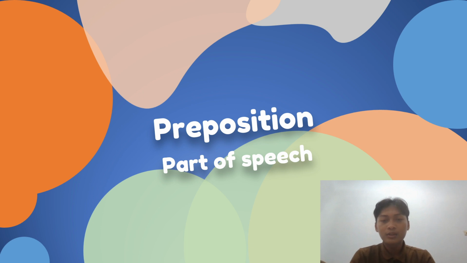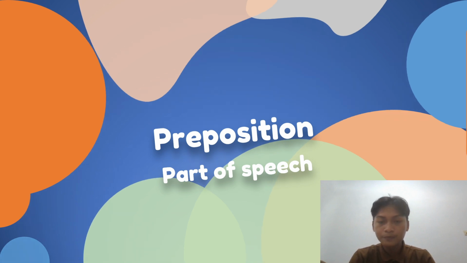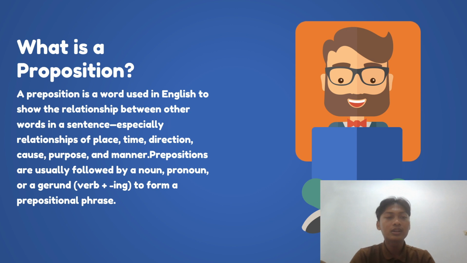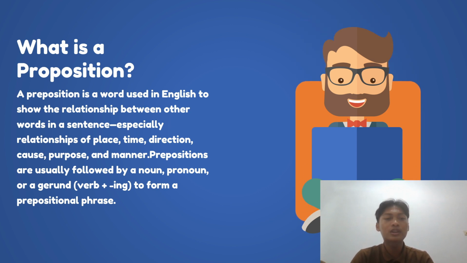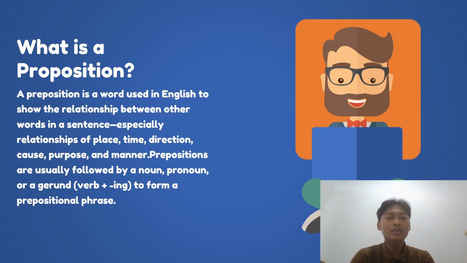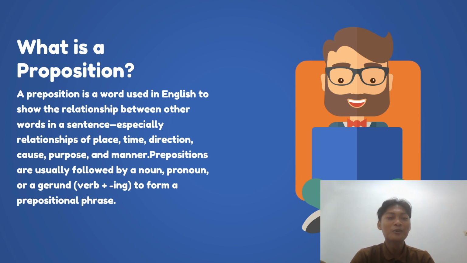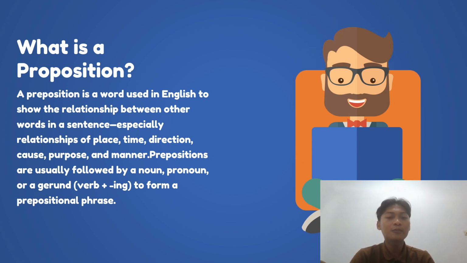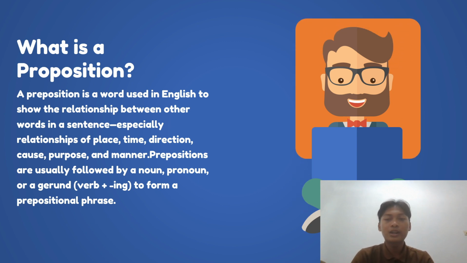Preposition, part of speech. What is a preposition? A preposition is a word used in English to show the relationship between other words in a sentence, especially relationship of place, type, direction, cause, purpose, and manner.